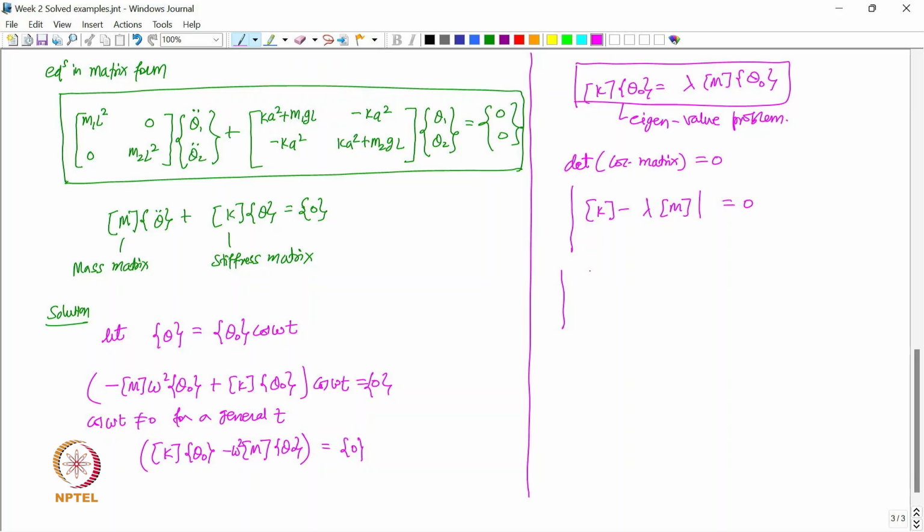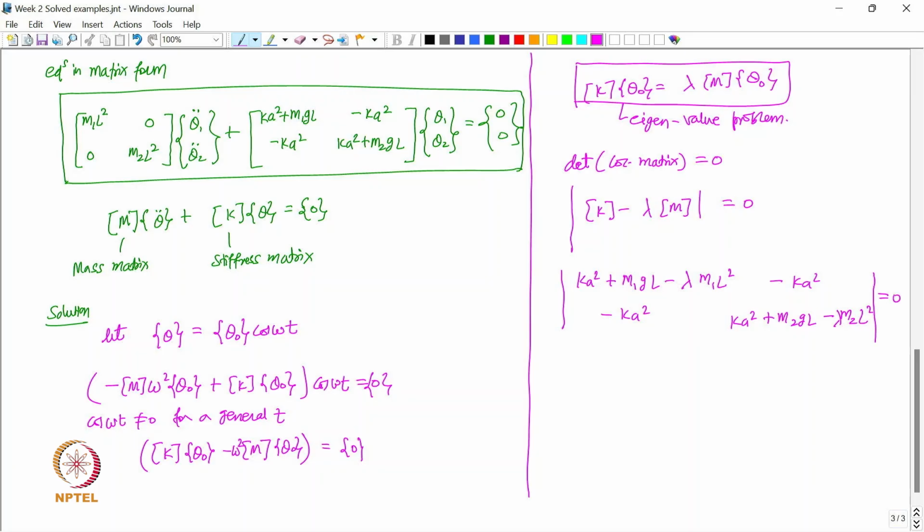It would be k s square plus m1 g l minus lambda m1 l square, then minus k s square, minus k s square, and then k s square plus m2 g l minus m2 l square lambda.